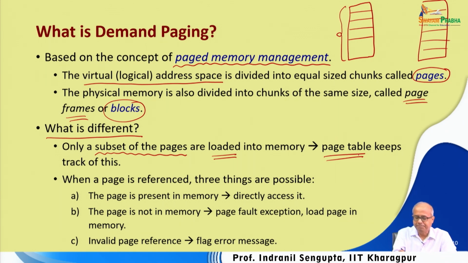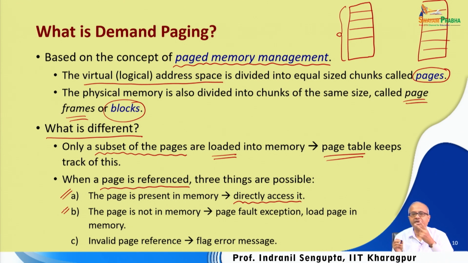Now, when a page is referenced, suppose during execution of a process, the CPU accesses a memory location that is mapped to some page. There are three things which are possible. First, the page is present in memory as indicated by the page table; the page table entry is marked as valid. So, you can get the frame number from there and directly access that page, no problem, exactly the same as in normal paging. But if the page is not in memory, you find that the corresponding page table entry is marked as invalid.